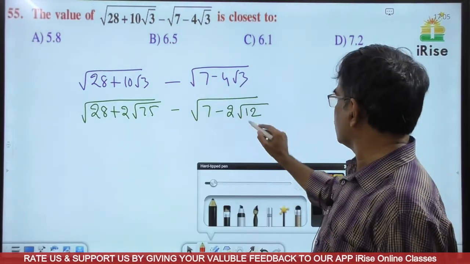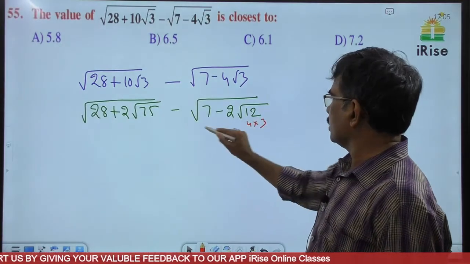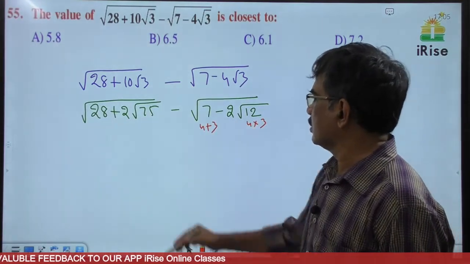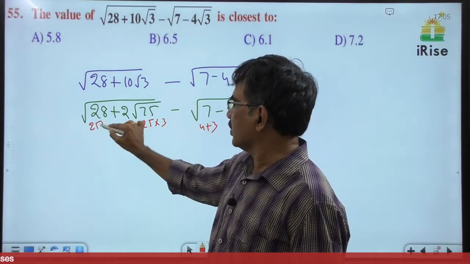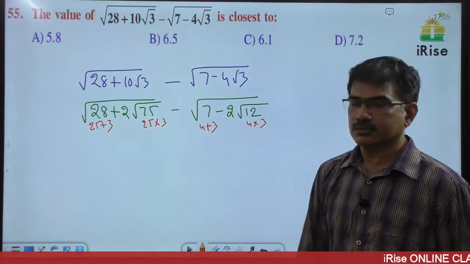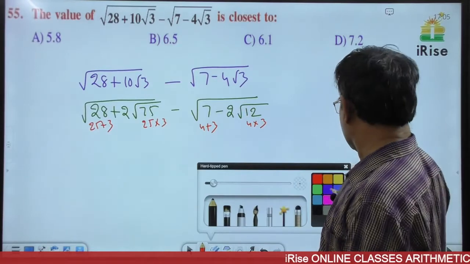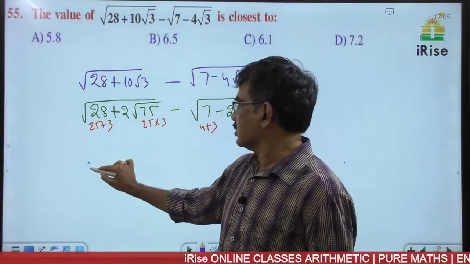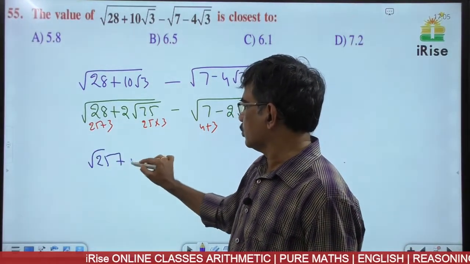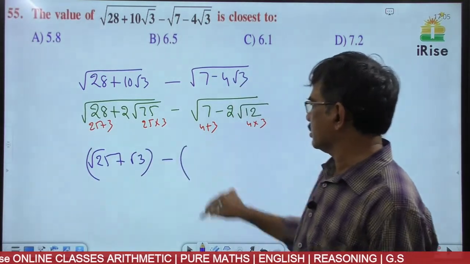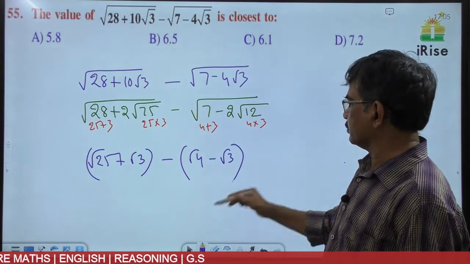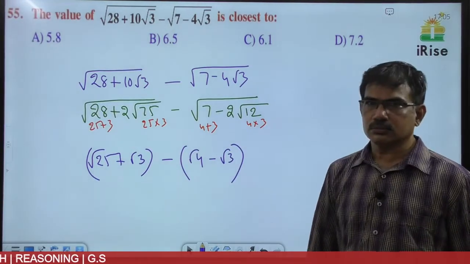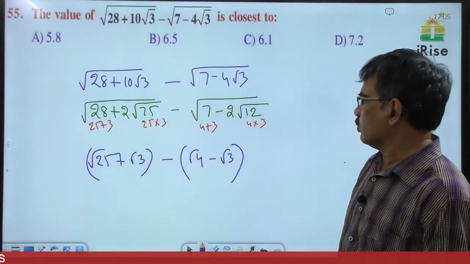Here, this is 4 into 3, this is 4 plus 3. This is 25 into 3, this is 25 plus 3. Therefore, this can be written as root 25 plus root 3 minus root 4 minus root 3. Okay, then what we get here?